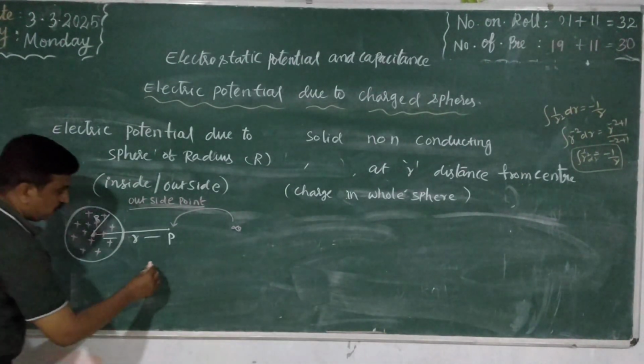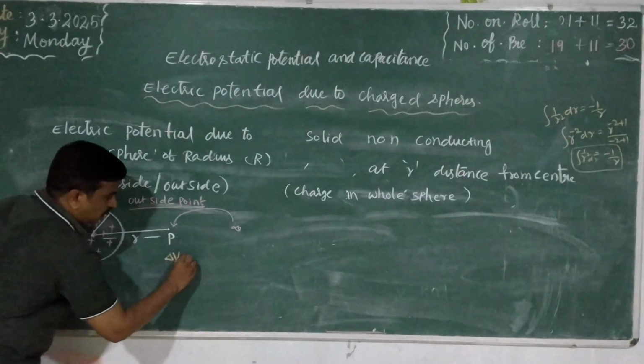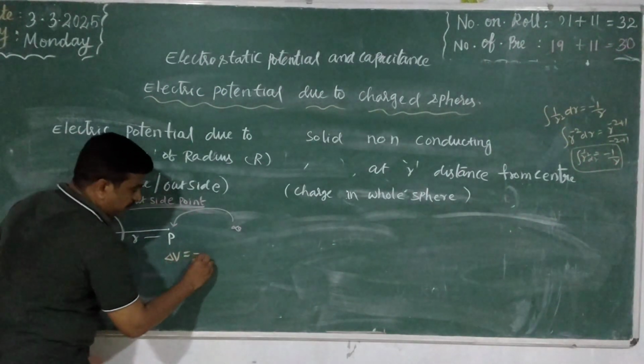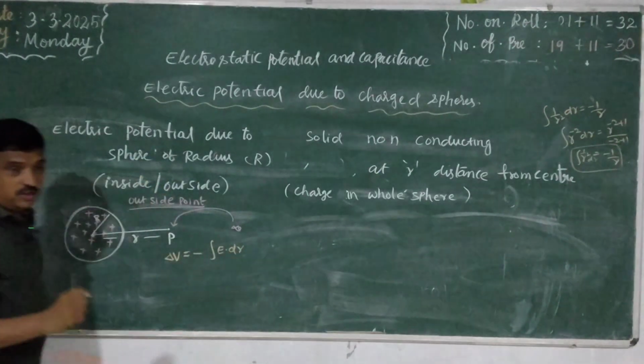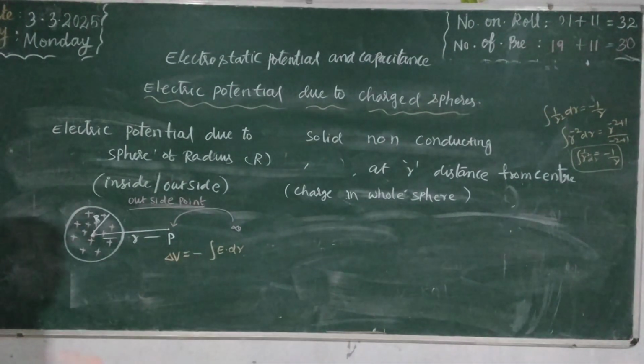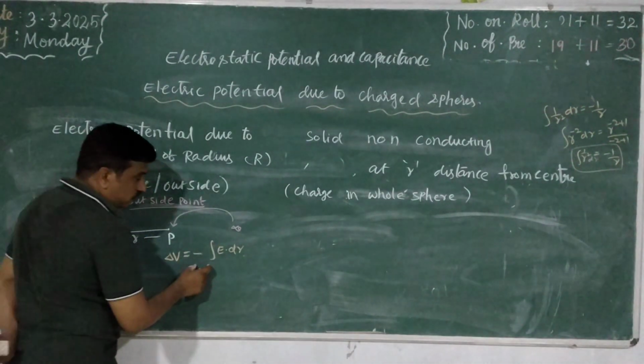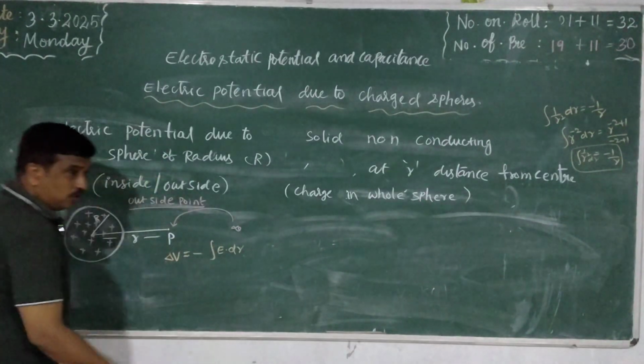What is the relation between electric potential and electric field? Delta V equal to integral E dot dr, for variable displacement we take this. So delta V equal to minus integral E dot dr. Where to where is it moving?